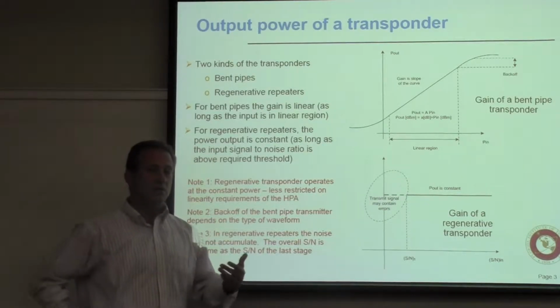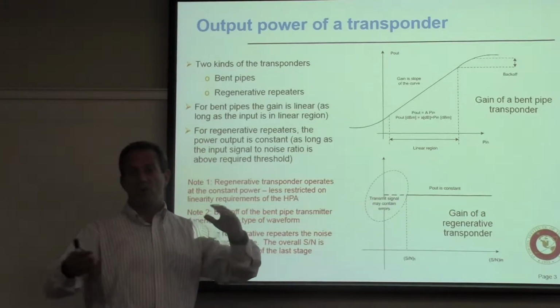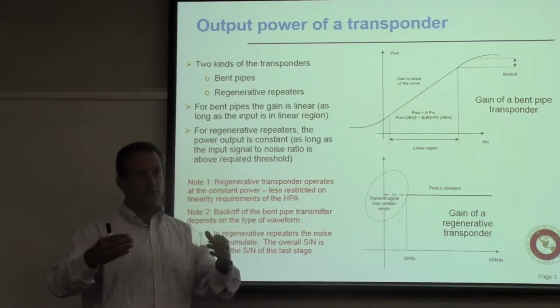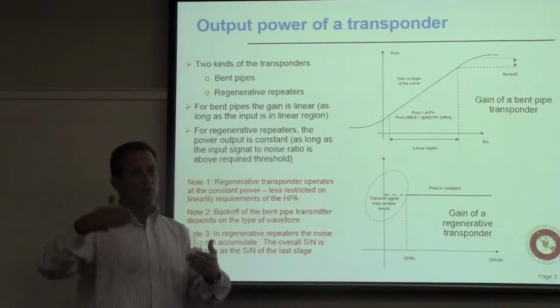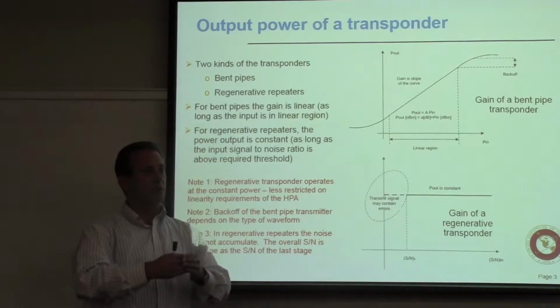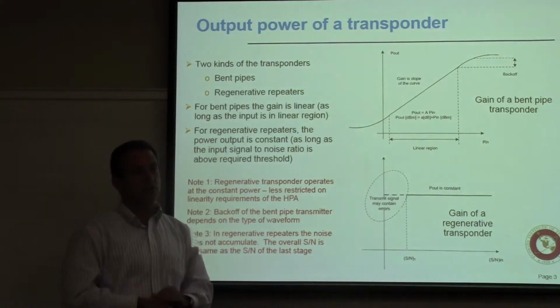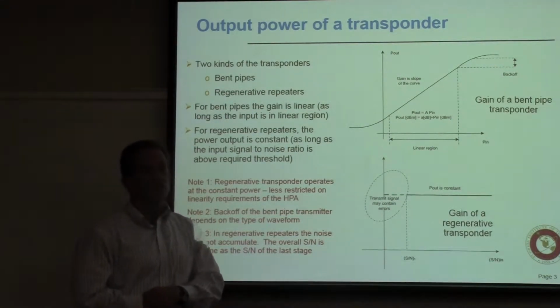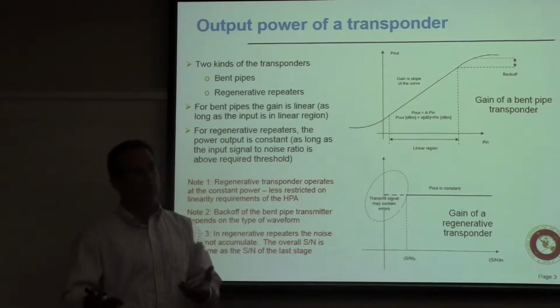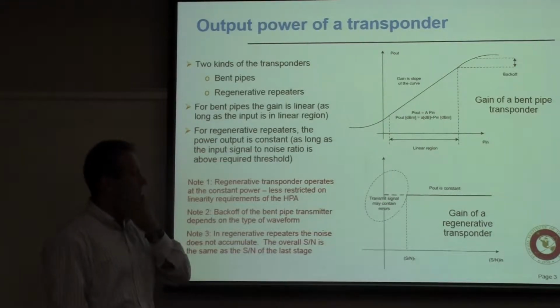The second is because of all the intermodulation products, your noise floor goes up. All of these sinusoids, particularly the third order, fifth order, seventh order products, fall within the band that you're operating in, and that creates additional noise. So operating in the non-linear region causes degradation of the carrier to noise, because you have a component of the noise that comes from self-interference. That's the result of the intermodulation products.